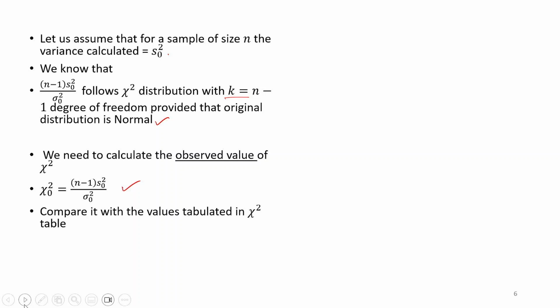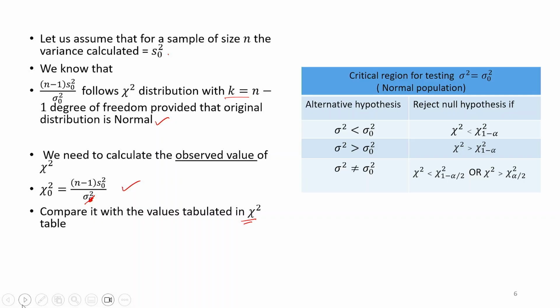The observed chi-square value can be found from the ratio (n minus 1) s squared by sigma square 0, and then compared with the chi-square in the table for a given level of significance.